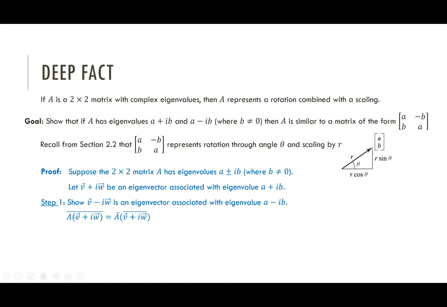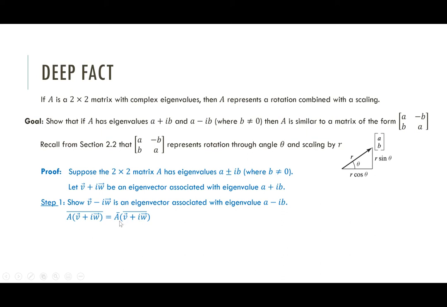In the first way, we calculate the complex conjugate, and we're going to use the fact that the conjugate of a product is the product of the conjugates. So we break it up over the matrix and this vector.